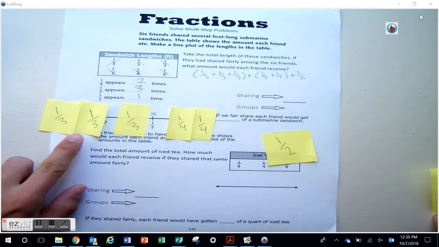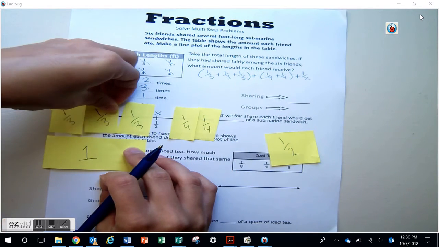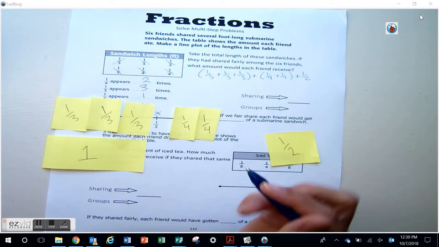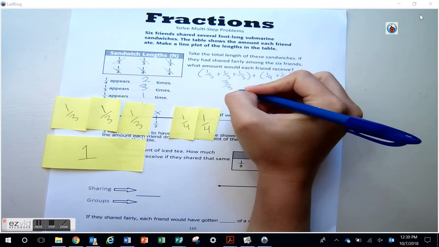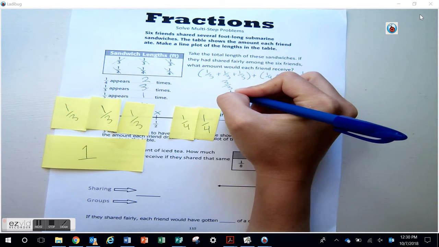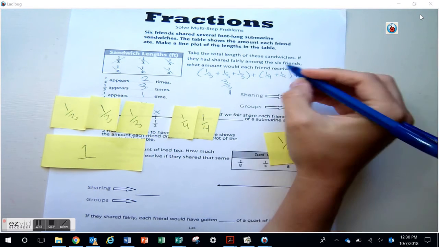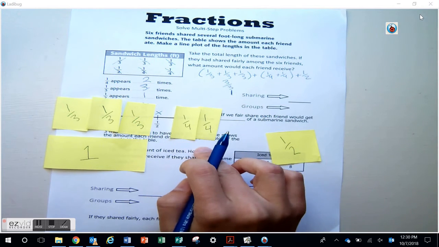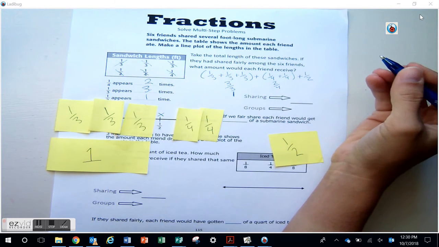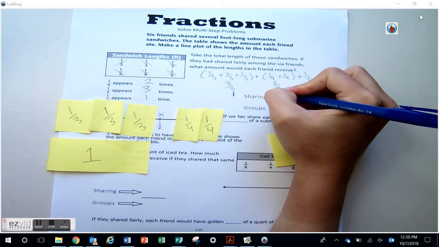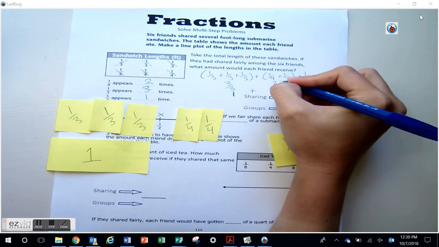Well, 1/3 plus 1/3 plus 1/3, if I put them together, they should equal my 1 whole, which was the 3/3, giving us 1 whole. Okay. If I have my 1/4 and I put them together, I get 2/4, which is the same as 1/2, because I can divide top and bottom by 2 to get 1/2.